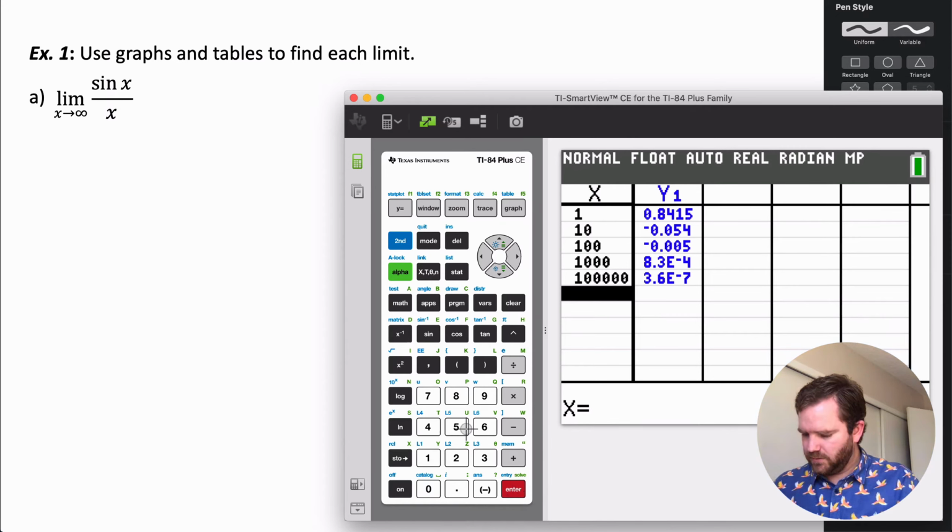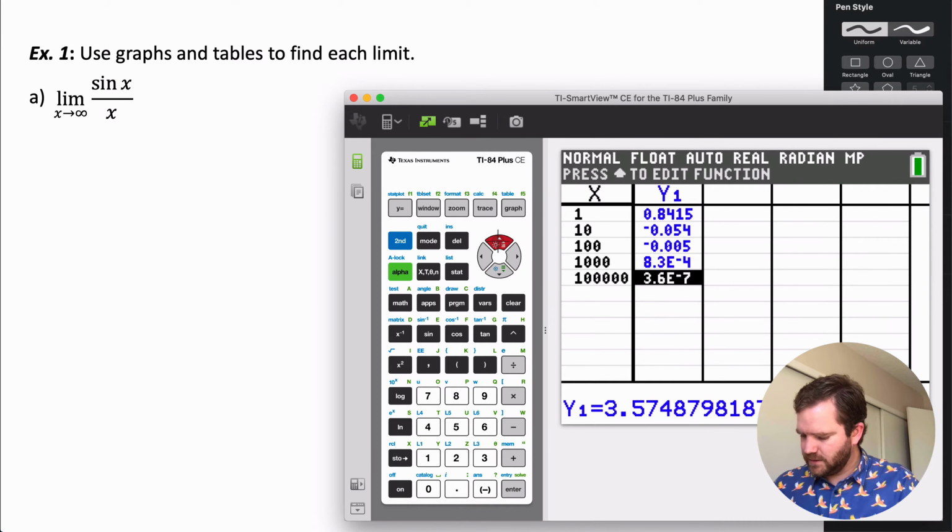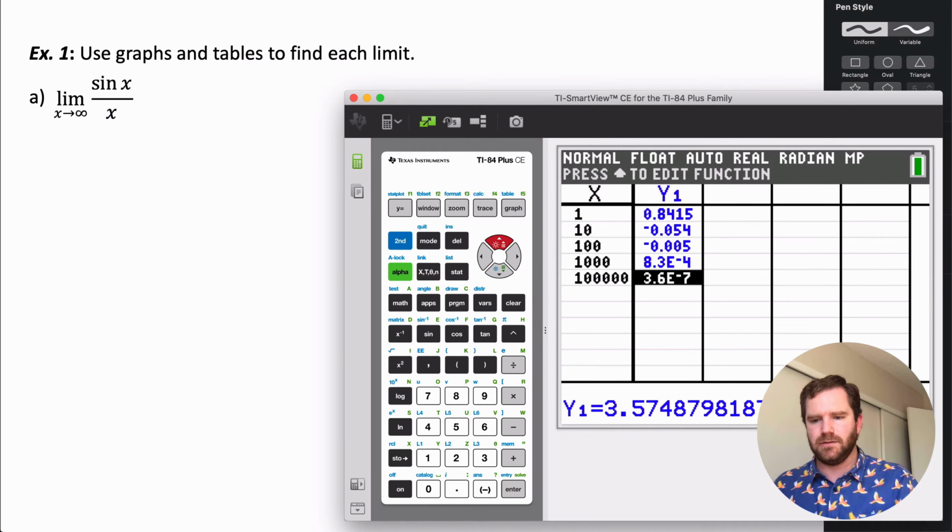Getting big. So basically, you can see that these numbers are getting this e to the negative 7 essentially means it's scientific notation. So we would be moving this decimal place 7 units to the left. So our numbers are getting smaller and smaller and smaller.